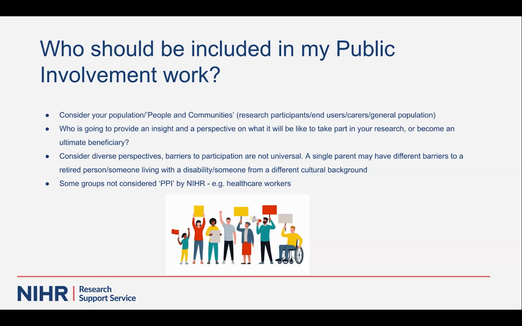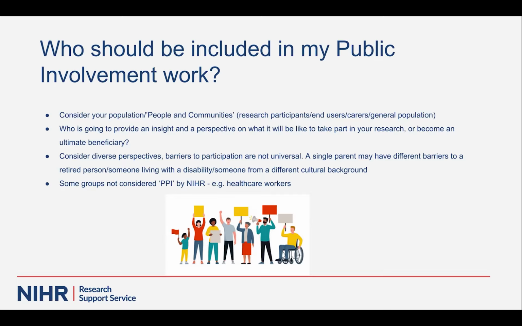So I mentioned earlier, you'll need to think carefully about who exactly your patient and public involvement representatives are. And it will vary significantly from project to project. It will depend on who your participant population are potentially, who the long-term beneficiaries of your research might be. These are conversations that you'll need to have within your team, and with the RSS PPI team if you're linking in with us.